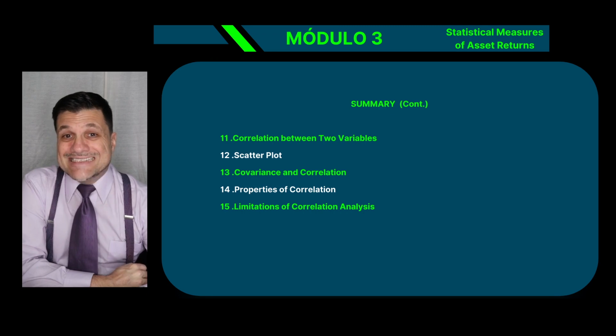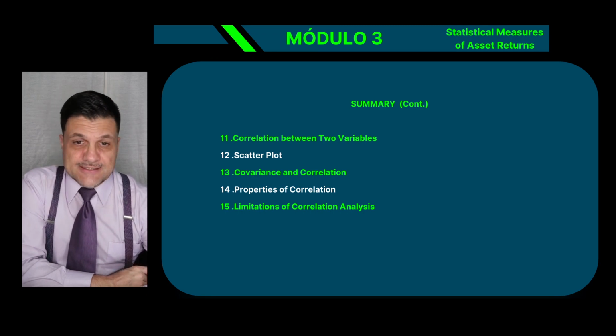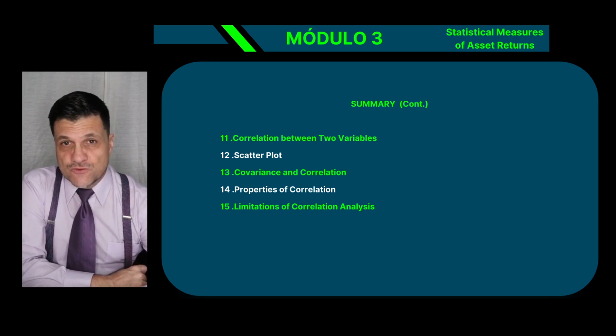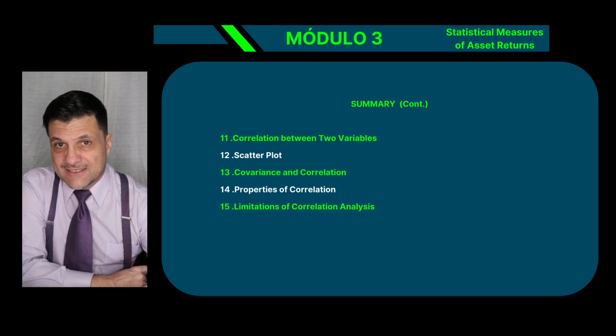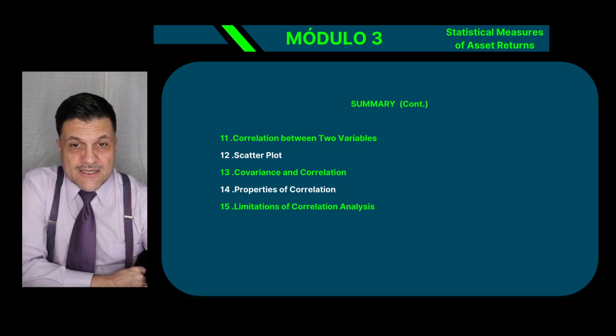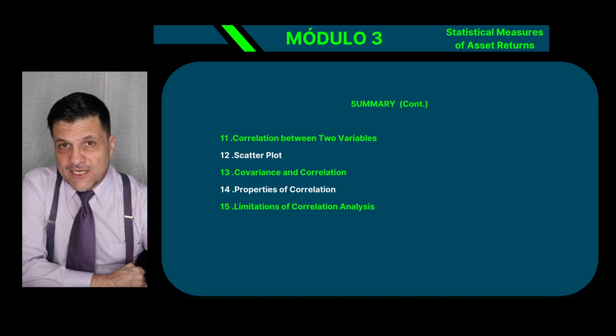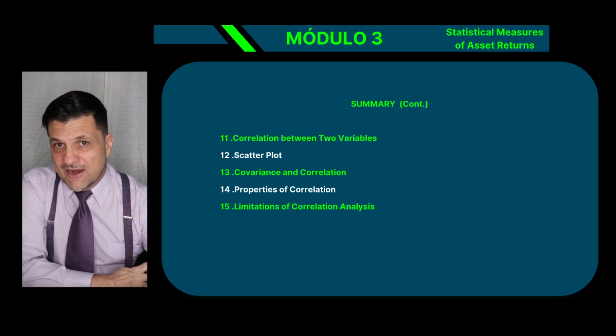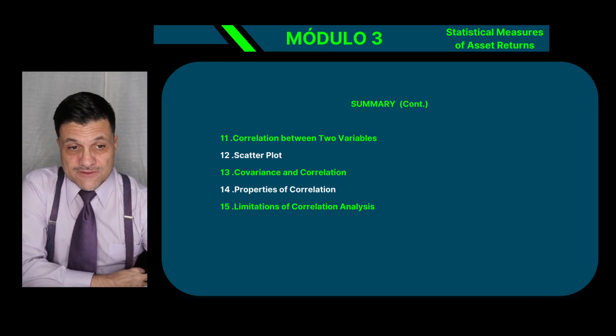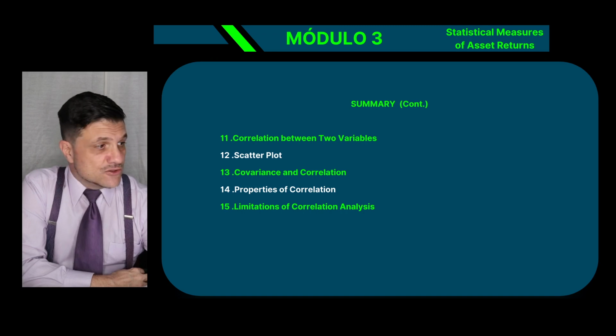Anyhow, it's easier to communicate, easier to understand, and easier to work with correlation than it is with covariance. So I call the correlation the standardized covariance. If you take the covariance and divide it by the standard deviation of the variables, you get the correlation of your variables. It's a much easier number to work with.